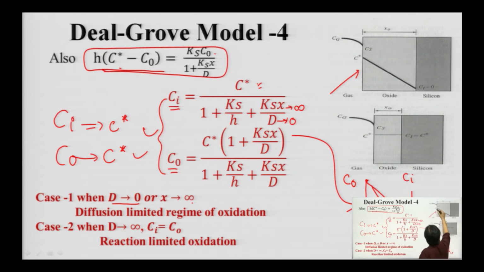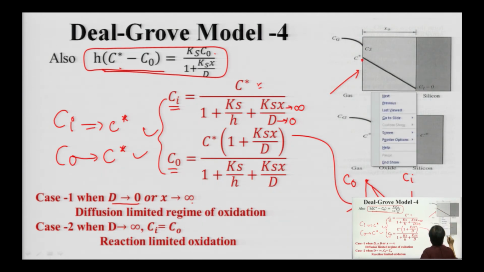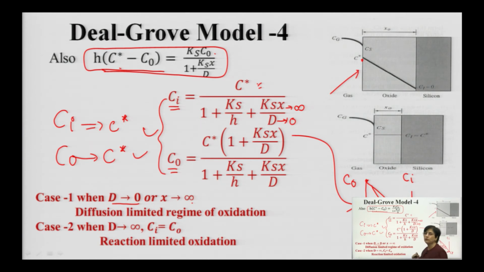Now, initially it is C star, the equilibrium concentration. At this particular instant I am having Ci tending to 0, and I call it the diffusion limited regime of oxidation, because the entire process is being controlled by diffusion. The bottleneck is the diffusion.